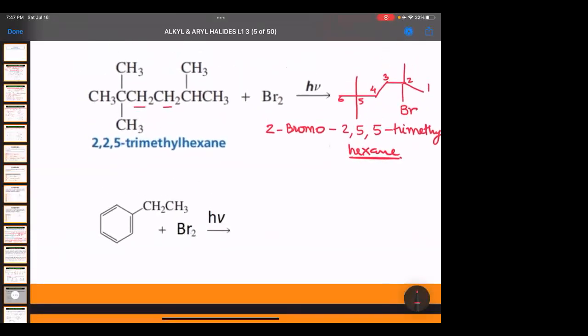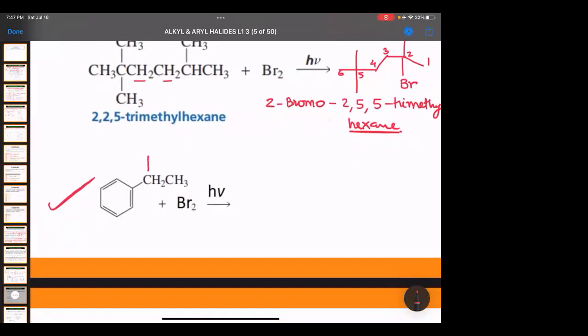Yes. And now comes this benzylic one. Sir, in the tertiary carbon, sir. But this doesn't have any tertiary carbon. Sir, at the junctions, like in between CH2, CH3. Yeah. So this is the carbon atom which is just connected outside the benzene. So this is benzylic.